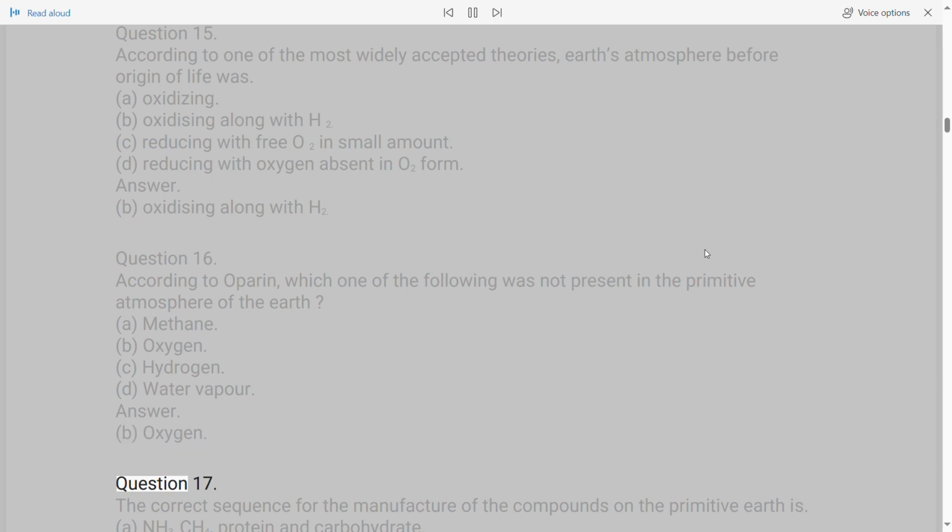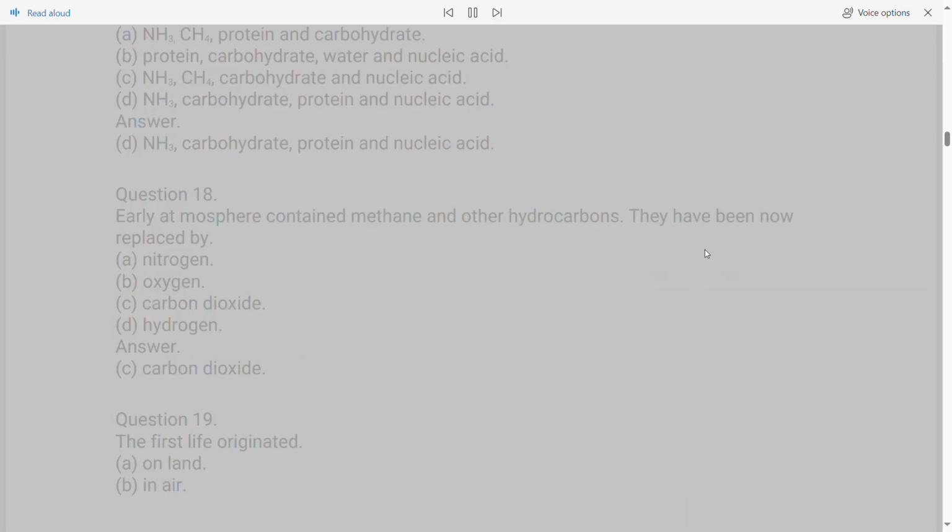Question 17. The correct sequence for the manufacture of the compounds on the primitive Earth is A. NH3, CH4, protein and carbohydrate. B. Protein, carbohydrate, water and nucleic acid. C. NH3, CH4, carbohydrate and nucleic acid. D. NH3, carbohydrate, protein and nucleic acid.